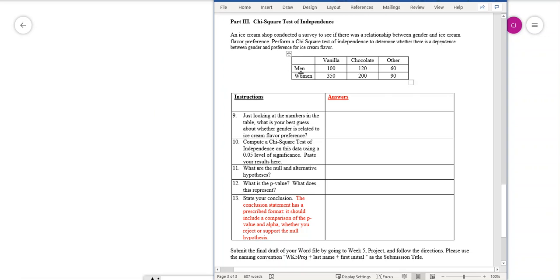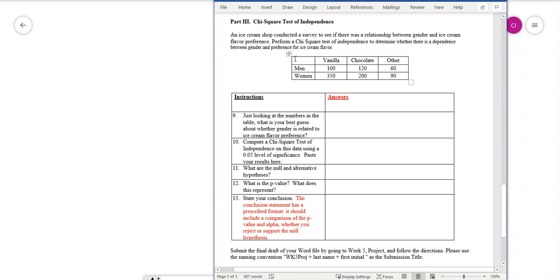is one variable independently affected by the other variable, meaning that men and women choose to like vanilla, chocolate, or other equally the same, okay, as their favorite ice cream.